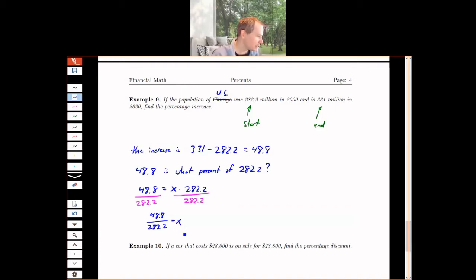And when I divide those, I get 0.1729270021. It doesn't come out to like a nice, neat terminating decimal, right, in short order. So I say, okay, first I want to convert this to a percent, and then I probably want to round this a little bit.